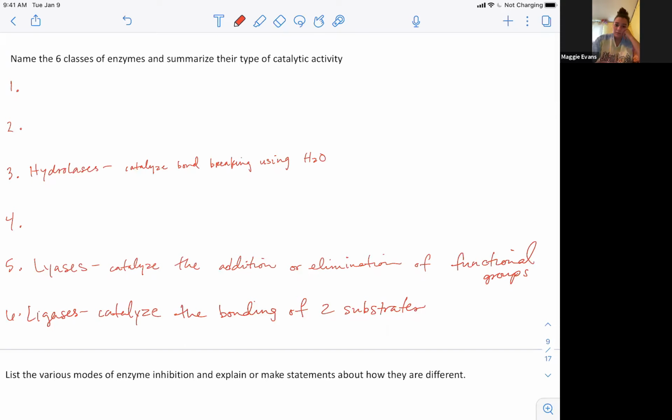Aldolase is a type of enzyme. We talked about that recently. Why did we talk about aldolase recently? Oh, glycolysis. That's an enzyme in glycolysis that splits your fructose 1,6-bisphosphate in 2. Yes, but what was one of the other main classes that somebody just said? Isomerase.